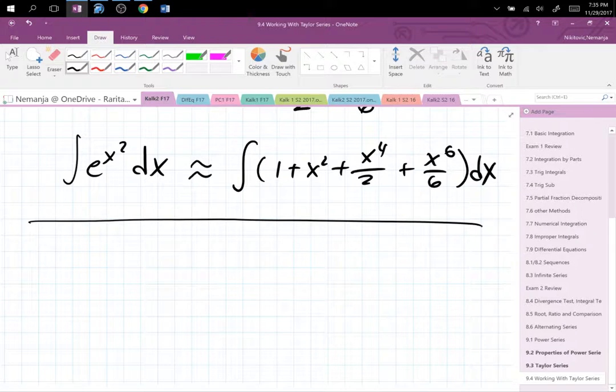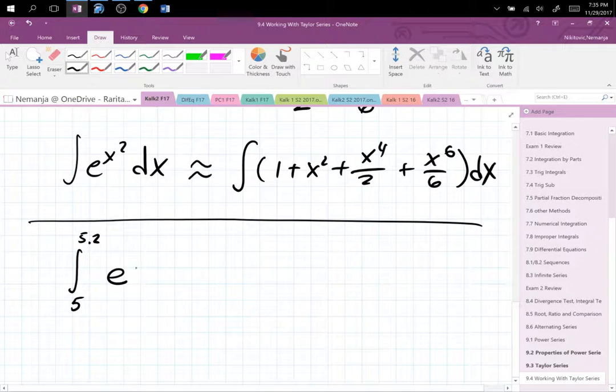However, if you have the integral from 5 to 5.2 of e to the x squared dx, how's this different than the previous case?